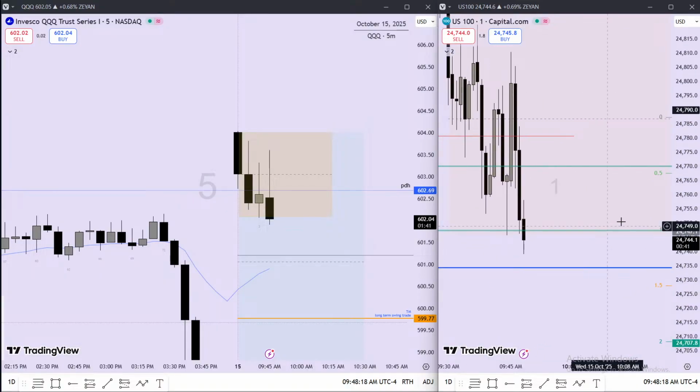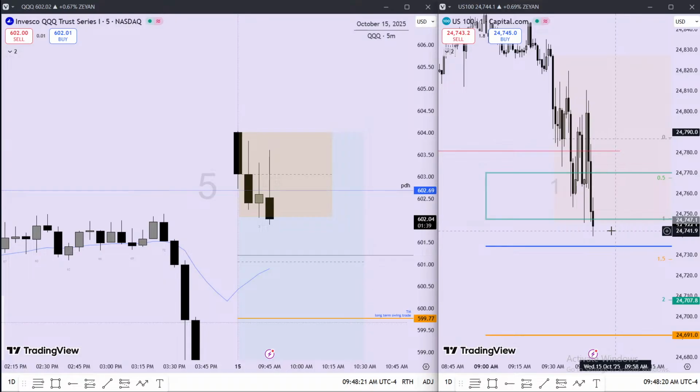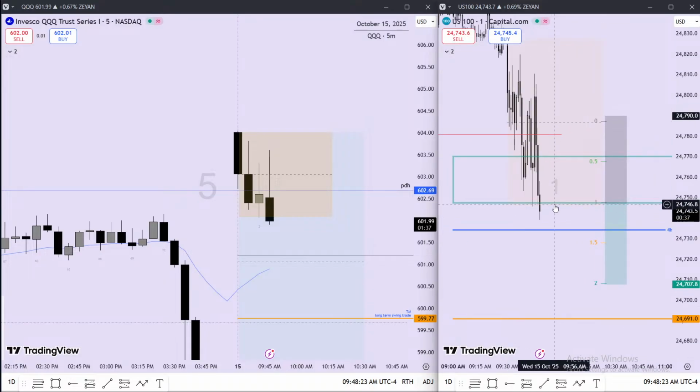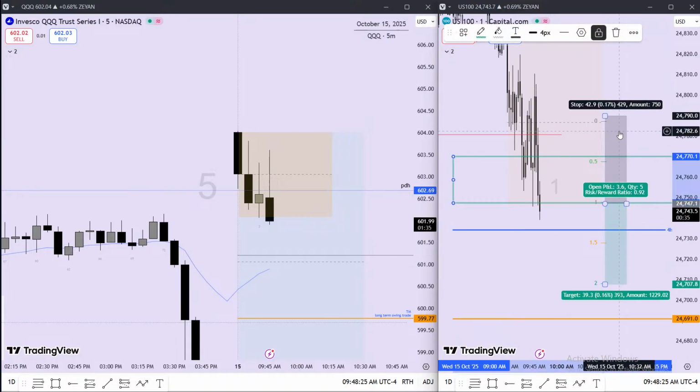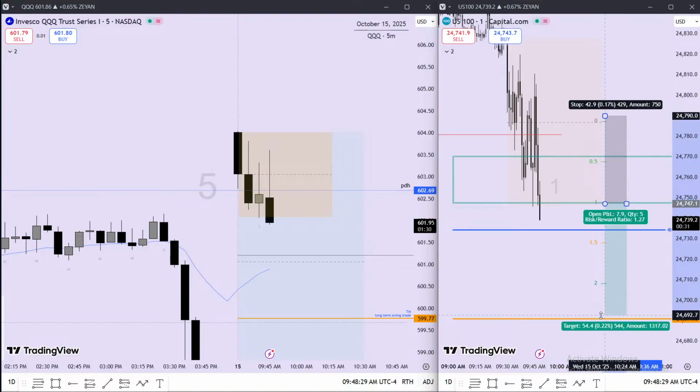This entry will be triggered once we get closing on 1 minute below this range. I'll be targeting 42 points to get 42 points, or I can easily target 691.